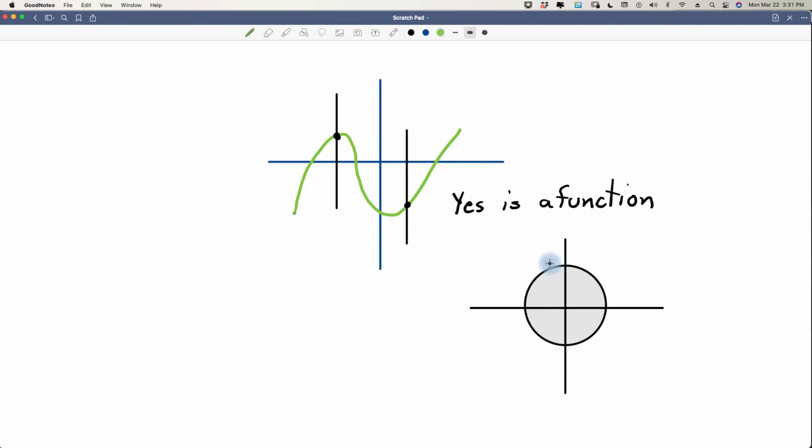So if we do the vertical line test on this, just anywhere, we have two points of intersection on the same x value. So x can't have two y values, can it? No. So that means this is not a function, it is a relation.